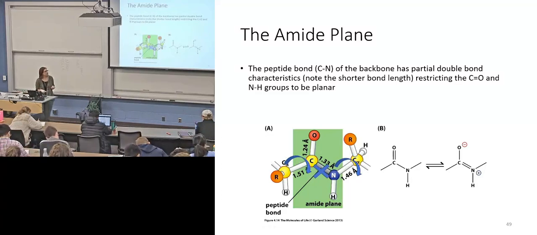The reason the peptide bond doesn't rotate is it has a little bit of double bonded character. So it's a little bit shorter, a little bit stronger, a little bit restricted. So the peptide bond won't rotate, but the 2 bonds on either side of every peptide bond can. And that's what lets us get into a bunch of different conformations.